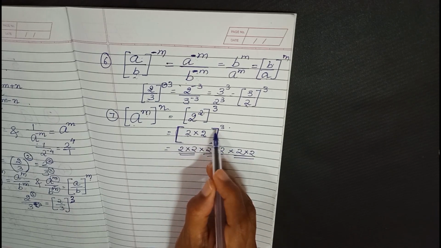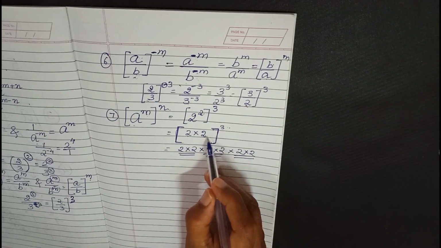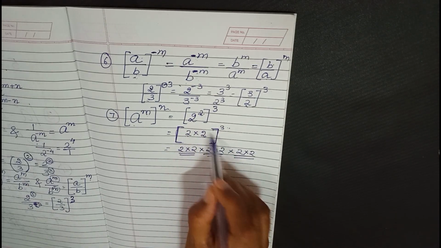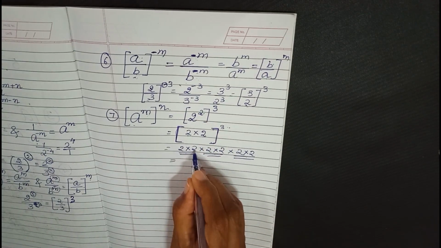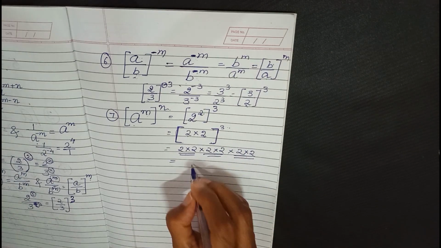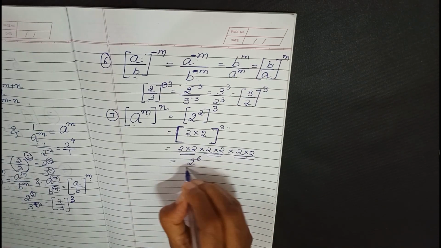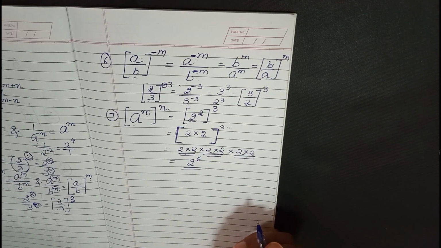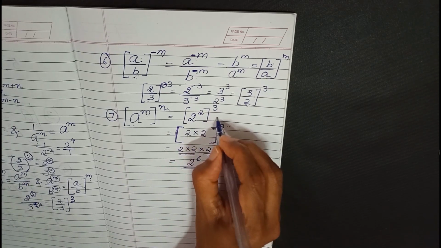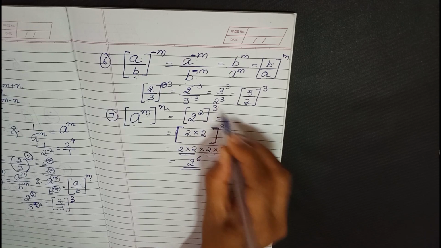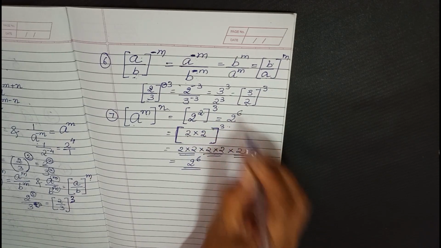Now this entire bracket has an index 3. It means that this bracket should be multiplied 3 times. So now what we get is 1, 2, 3, 4, 5 and 6. So we get the answer 2 raised to 6. How do you get this? Very simply, without doing all this, 2 into 3 will give me 6.